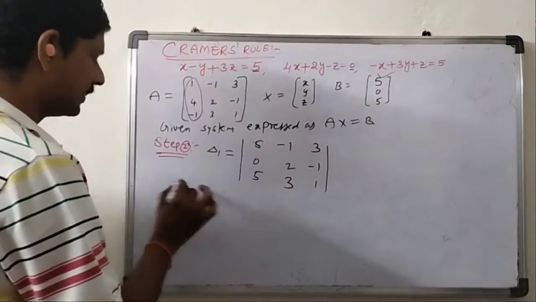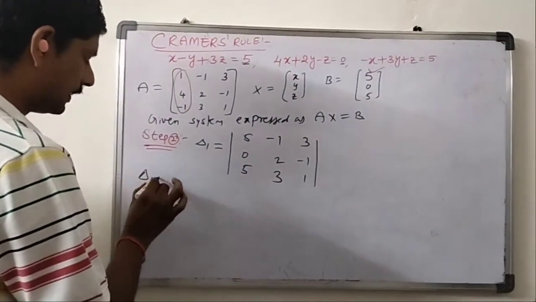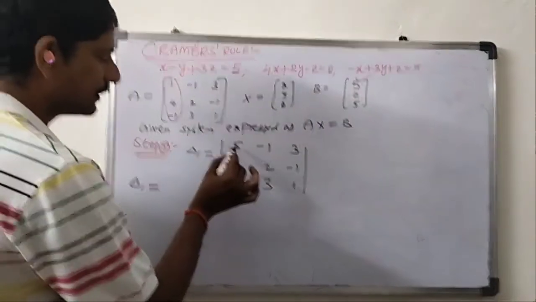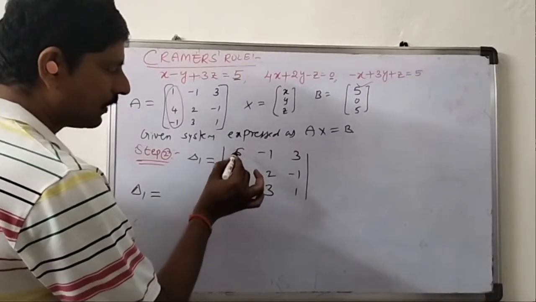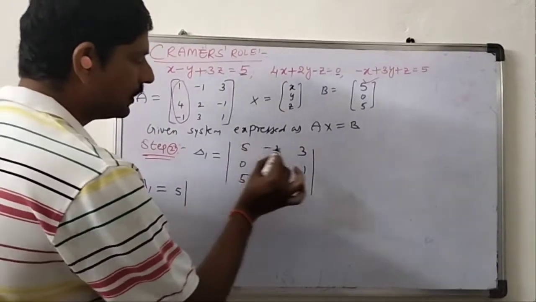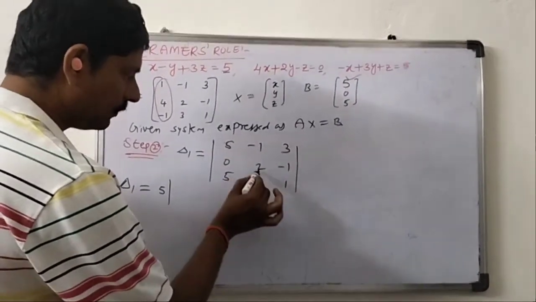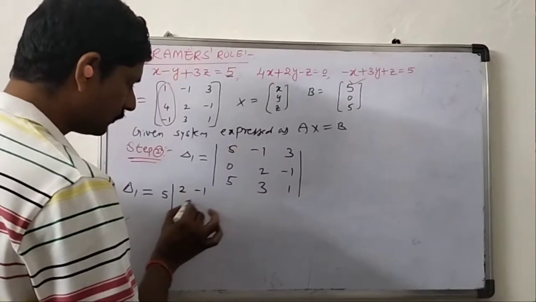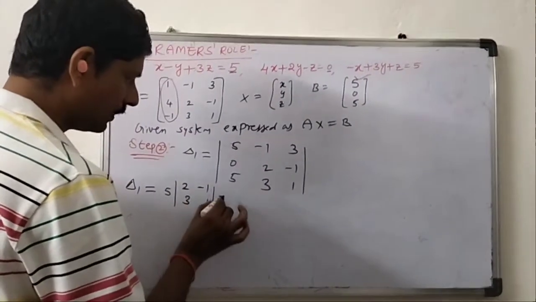Okay, students. Now the same process for finding the determinant. What is the process? Already explained in finding delta. 5 into, removing the first row and first column, 2 minus 1, 3 1.